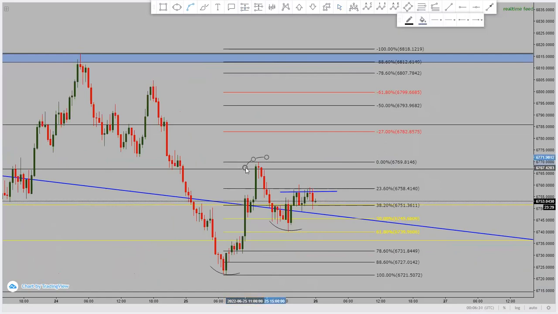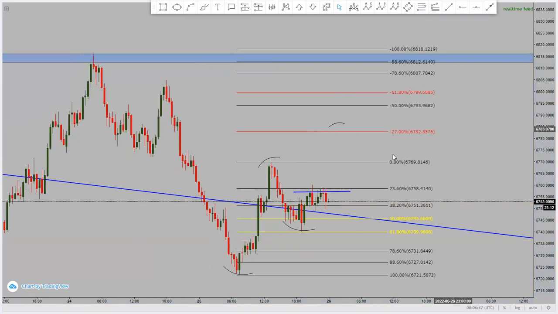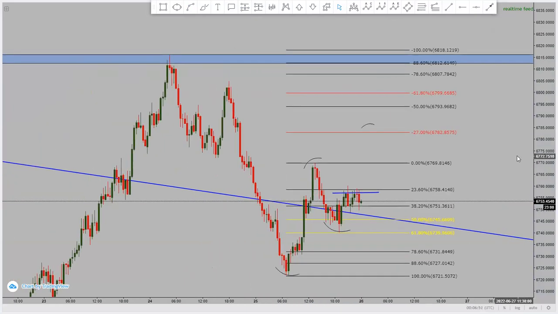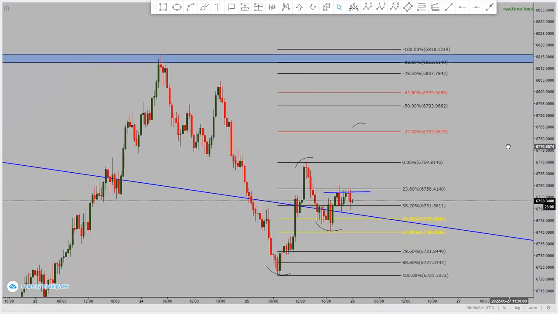So after breaking here, we expect price to make a high that is higher than this one, somewhere close to here. So this is 30 minutes. Already market structure is bullish, and we are in our buying zone.